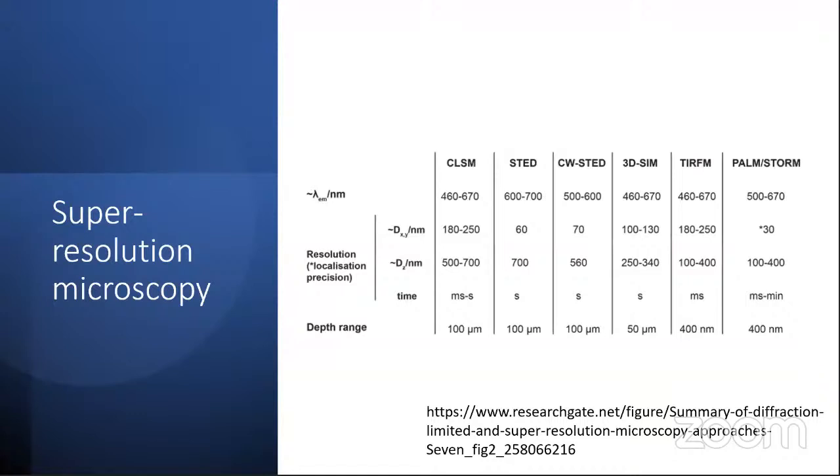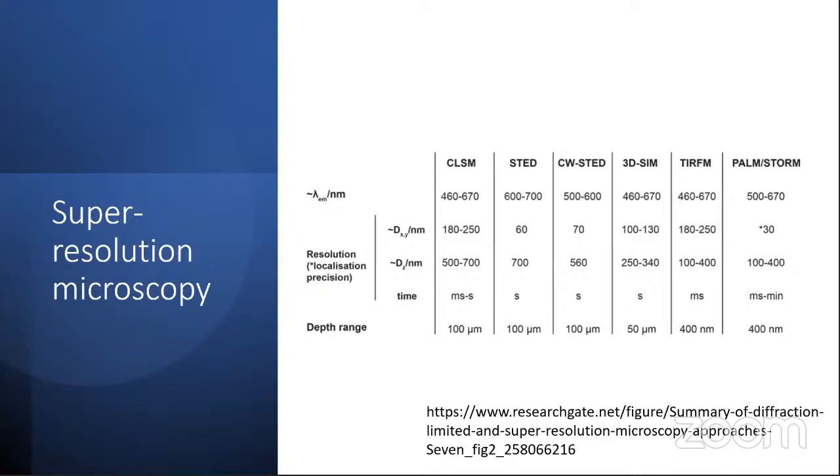So apart from this, we also have things called super resolution microscopes. Confocal microscopy is limited by the diffraction limit, which leads you to around 230 nanometer resolution in the XY plane using GFP. But what if you are interested in looking at things which are smaller?